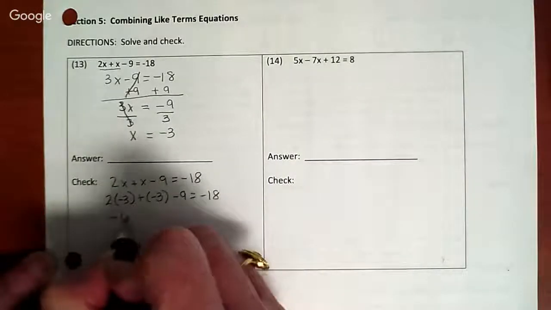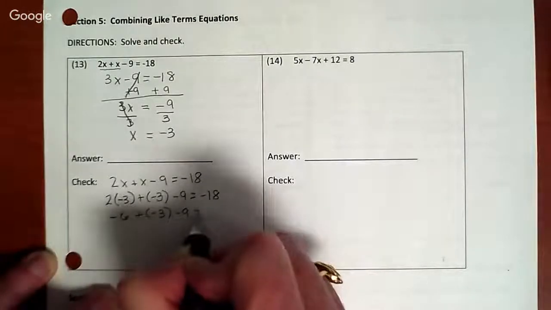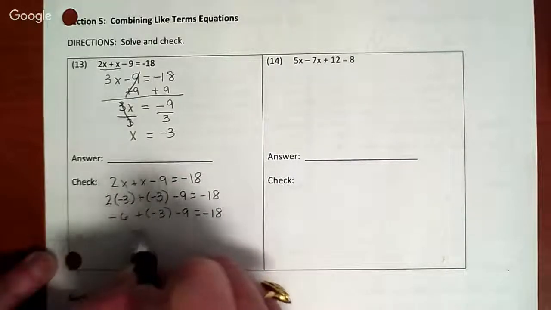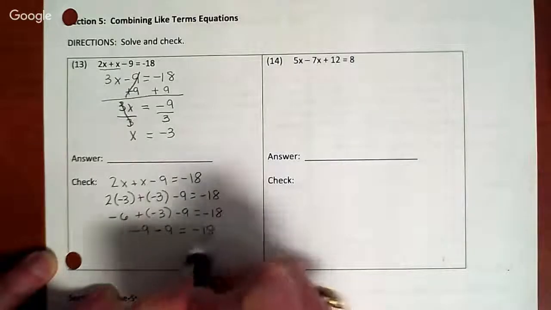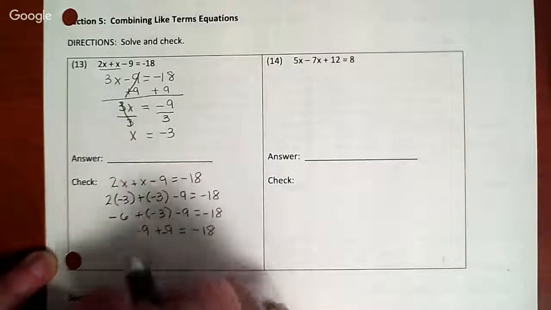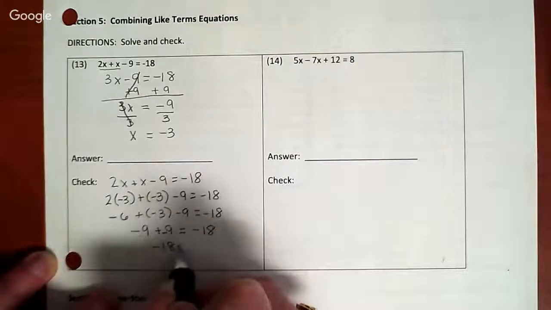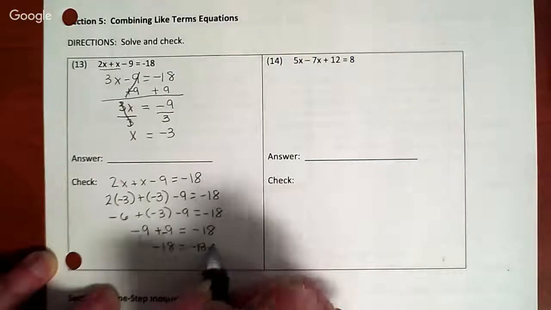So we have negative 6 plus negative 3 minus 9 equals negative 18. Well, when I add these two together, I get negative 9 minus 9 equals negative 18. Leave, change, change. So negative 9 plus negative 9 is negative 18. Therefore, it equals. And we check.